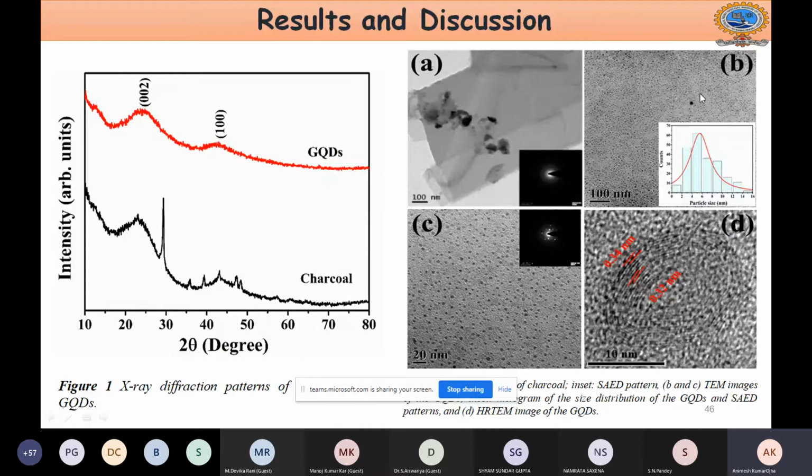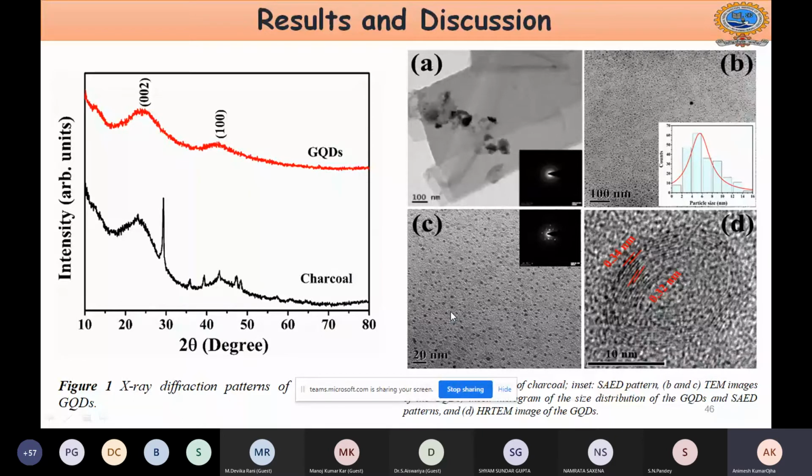I calculated the size using this particle size distribution diagram, and we found that the average size of the quantum dots is 5 nanometer. Now look at this, the structure of these graphene quantum dots at high resolution.